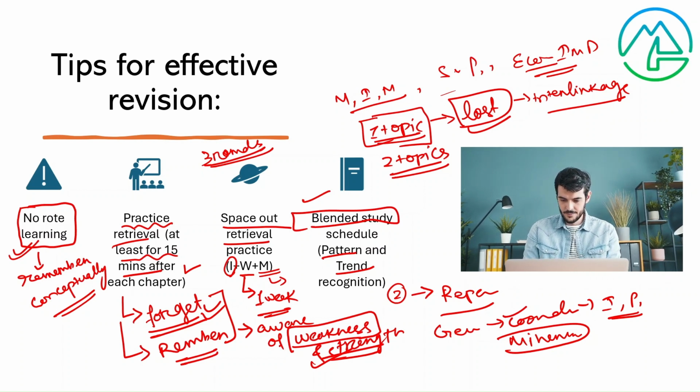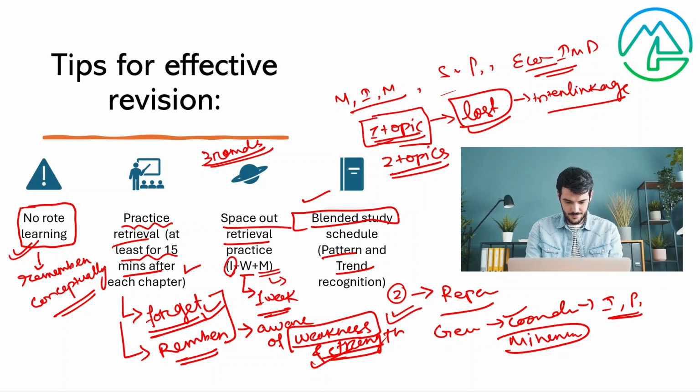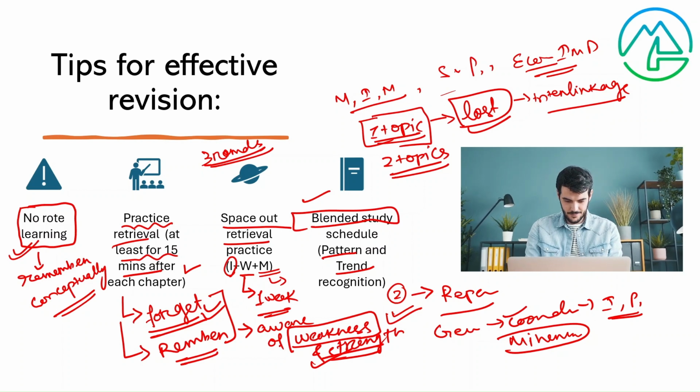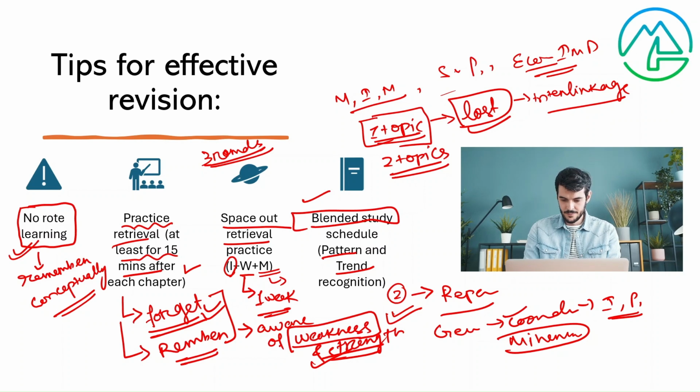So that's why I'm saying that blended study routine is an effective way to revise things because it helps you to identify pattern and trends in the question paper, as well as it helps you to effectively and holistically cover the syllabus within a short period of time. So that is why I'll say that you should go about 2 topics a day.